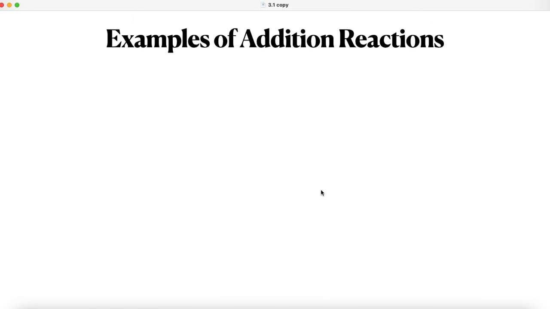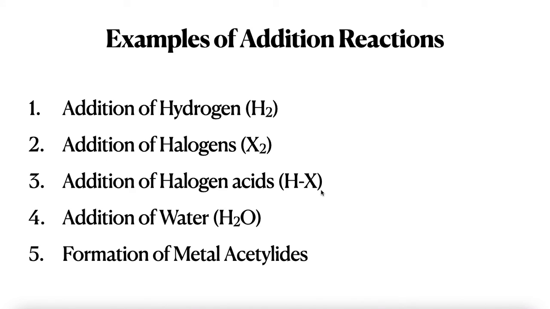Let us see the examples of addition reactions of alkyne. Alkyne undergoes addition of hydrogen in presence of a catalyst, so it undergoes the catalytic hydrogenation reaction. Alkyne also undergoes the addition of halogens, that is the halogenation reaction.